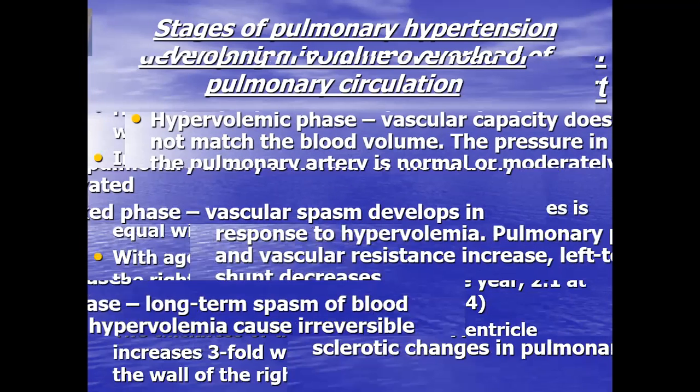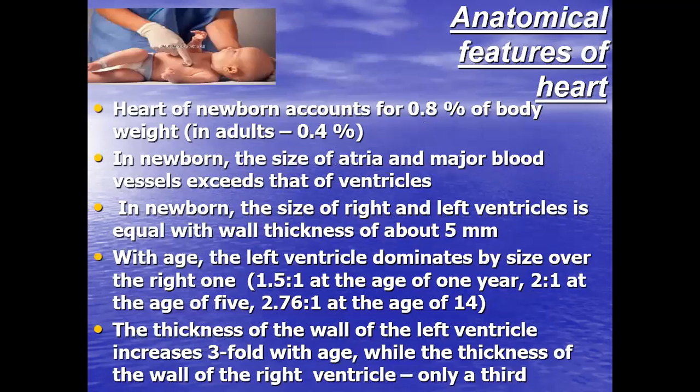So now we have to speak about anatomical features of the heart. I'd like to tell you the heart of a newborn is bigger than the heart of adults, compared with body mass. And in newborns, the size of atria and major blood vessels exceeds that of ventricles, and the sizes of the ventricles are equal, and the thickness of the wall is the same.